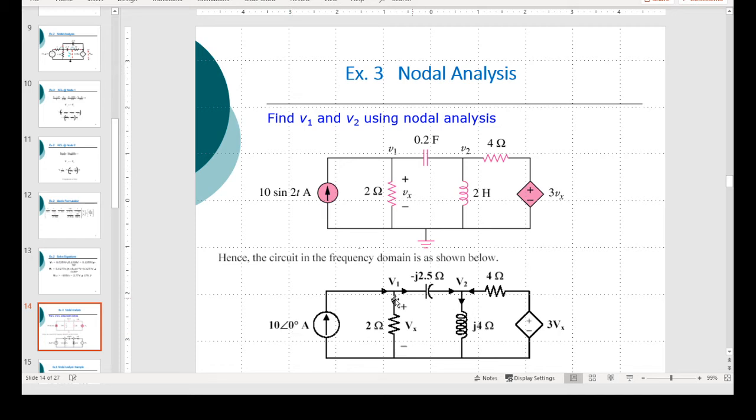So I indicate the directions of my currents. I did not put the labels of the currents because now I understand what I'm doing. So I only show the directions because I want to write the KCL equations at node 1 and node 2. Therefore, I proceed.